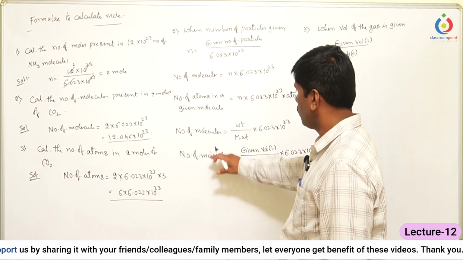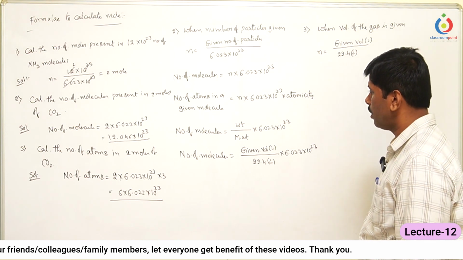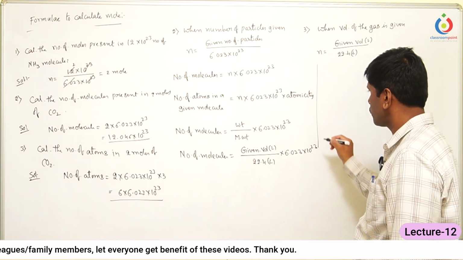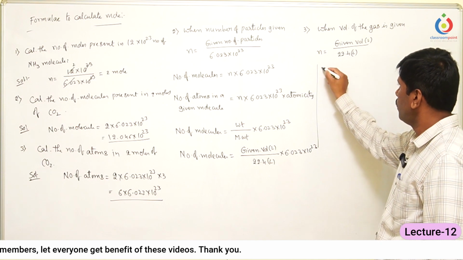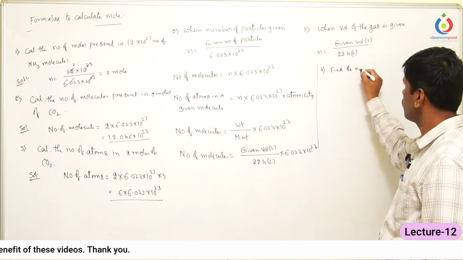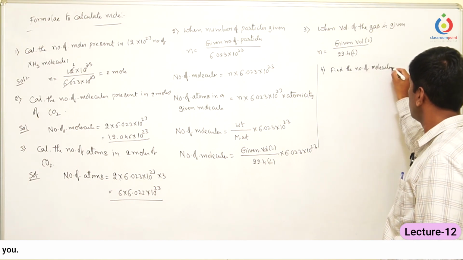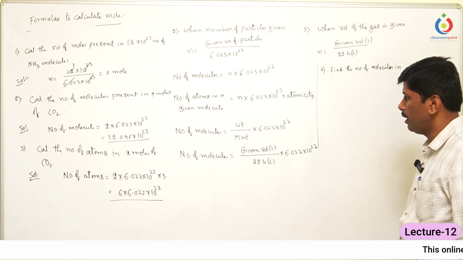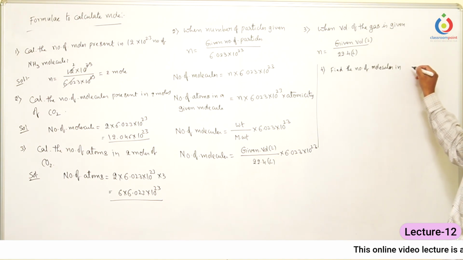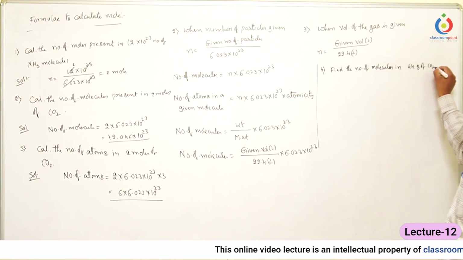Now let us try to solve the questions on the number of molecules when mass is given and when volume is given. So the fourth one: find the number of molecules in 44 grams of CO2.